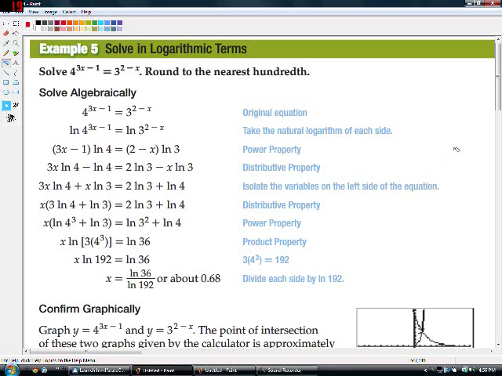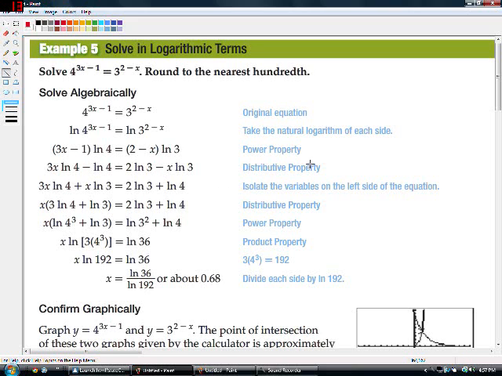Now we isolate the variables on each side. We get 3x natural log 4 plus x natural log 3 equals 2 natural log 3 plus natural log 4. We got that by adding the natural log of 4 to both sides and adding x natural log 3 to both sides.